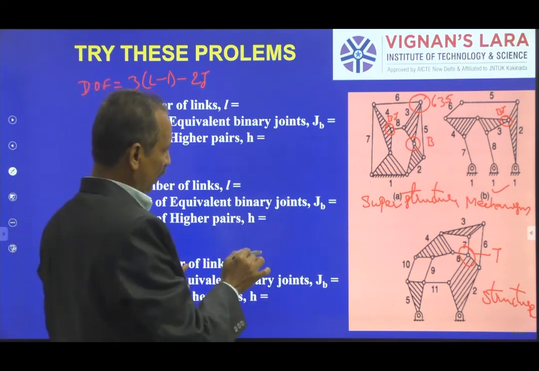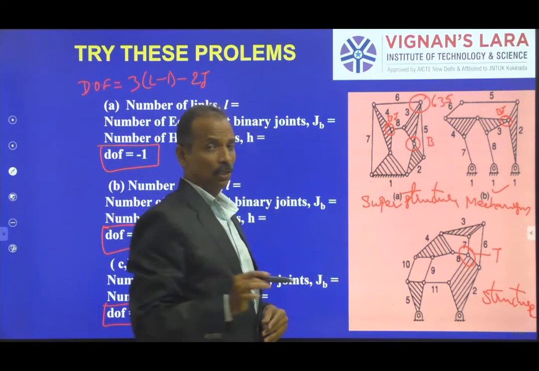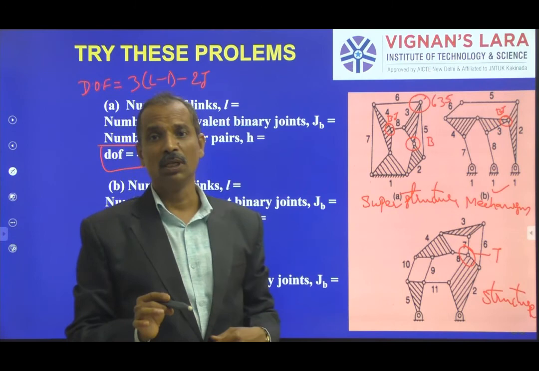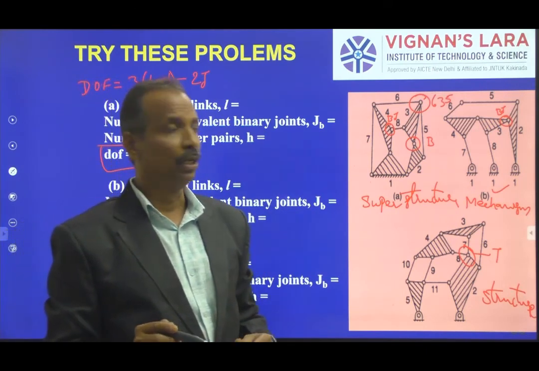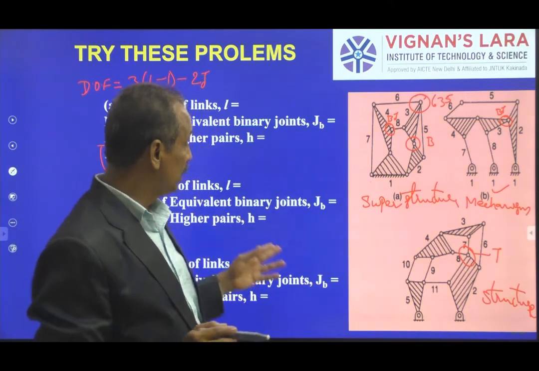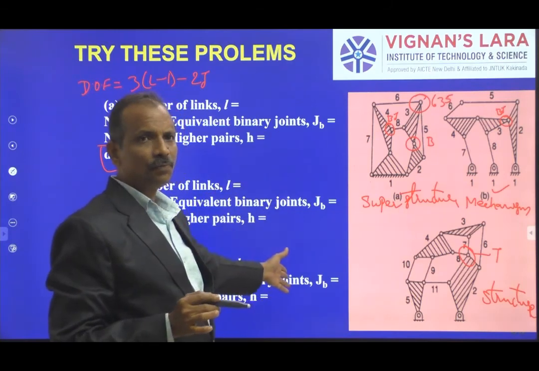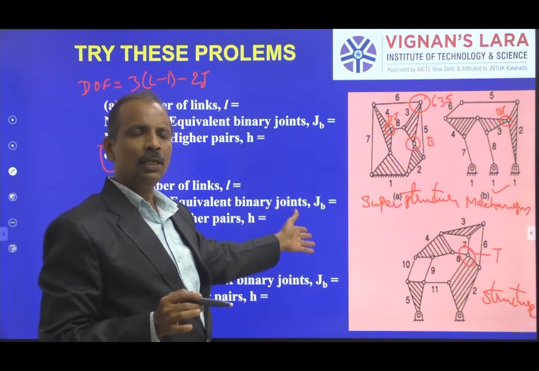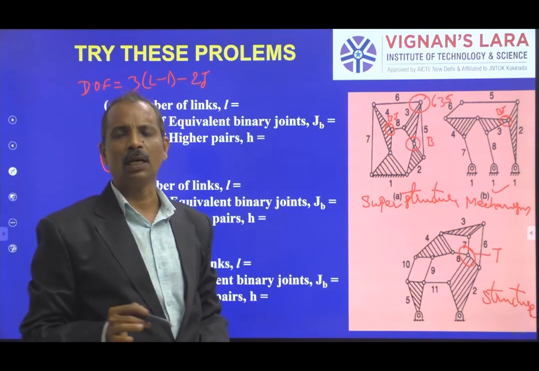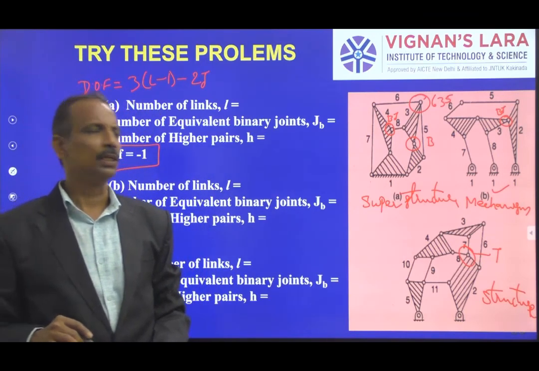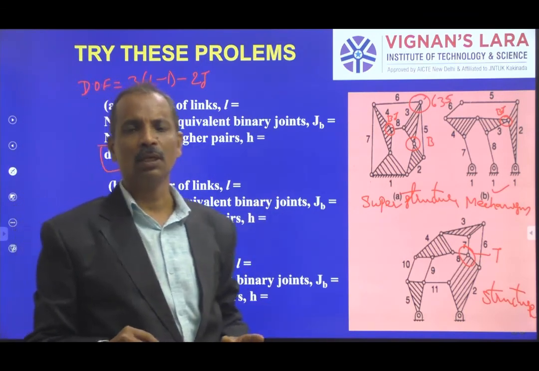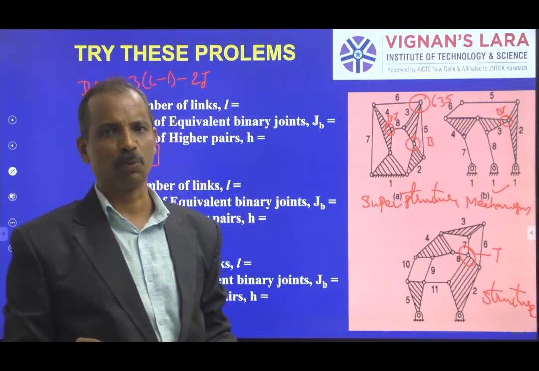So if you want to solve further problems, you can refer to SS Rattan's textbook. There are plenty of problems described. Okay, this is by using Kutzbach's criteria. There is one more method explained in this Rattan textbook, doing the same problems with the help of number of loops.